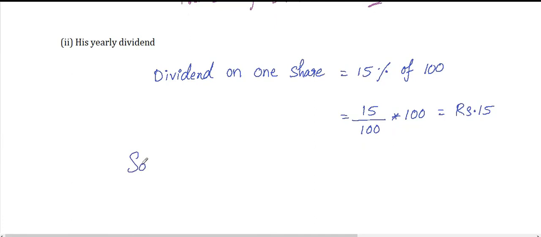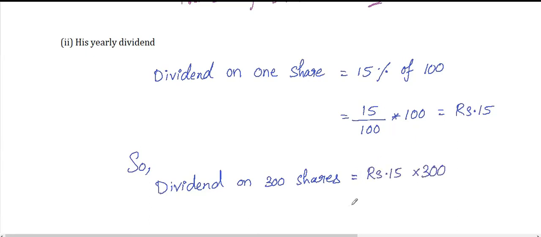And the dividend on 300 shares: he bought 300 shares, so the dividend on 300 shares is 15 times 300, which is 4,500 rupees.